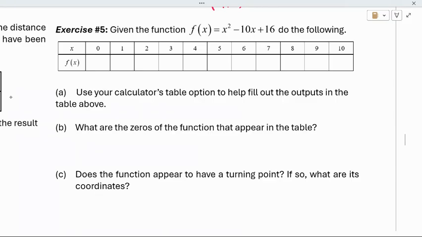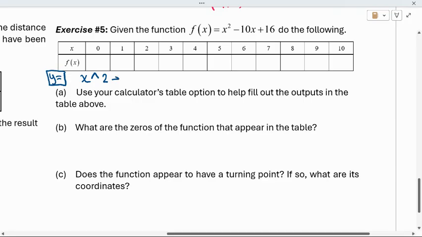Type in x caret 2, and then arrow over to the right. The caret button is right below clear. It looks like a little triangle without a bottom.